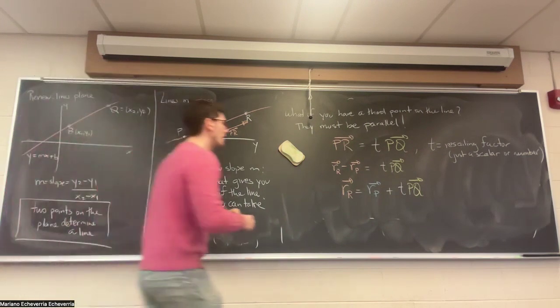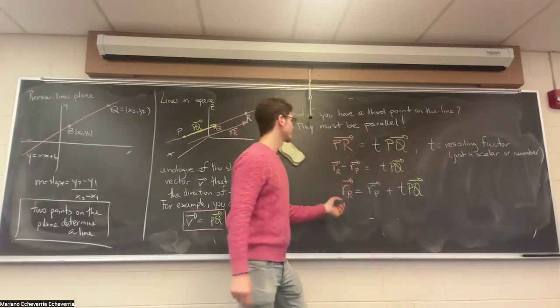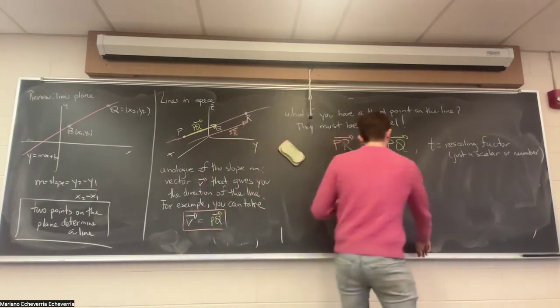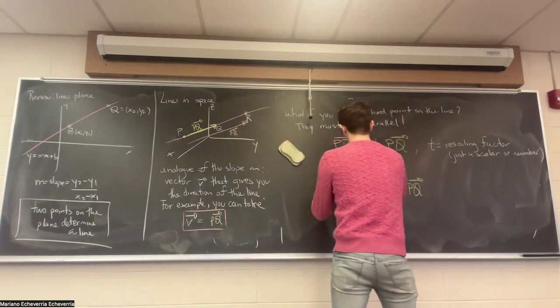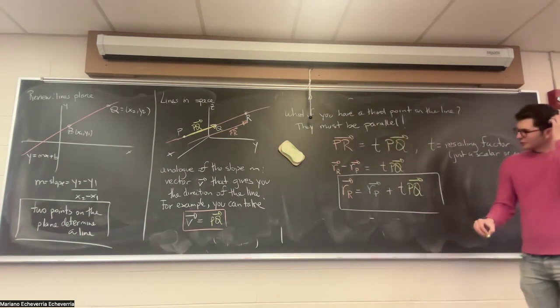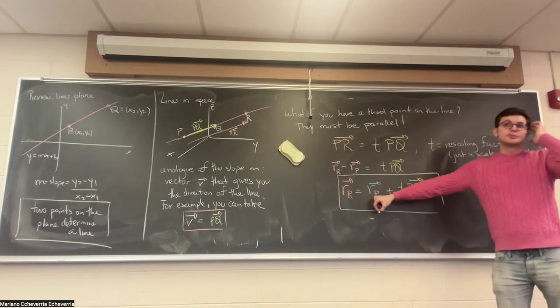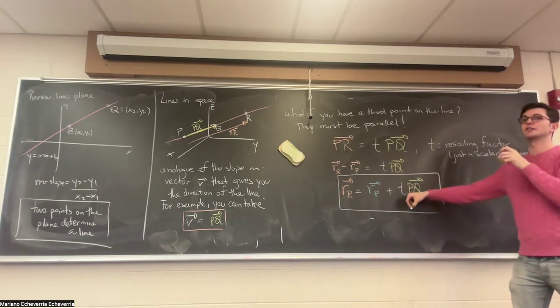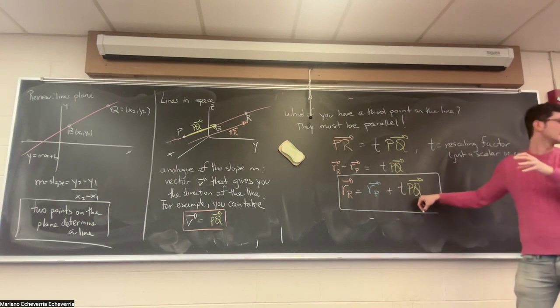I'll rewrite this in a moment, in a different way, but what I'm trying to say is that the way to think about this formula is that this is kind of like some sort of initial position on the line. And then T times this vector is kind of like time times velocity.